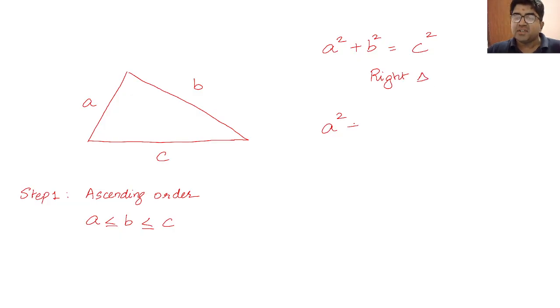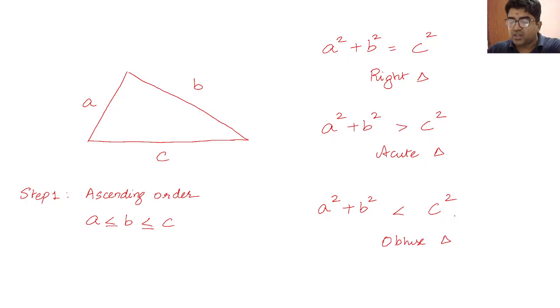If A square plus B square is greater than C square, understand it is an acute triangle. And if A square plus B square is less than C square, understand it will be an obtuse angle triangle. So this condition you are going to apply.